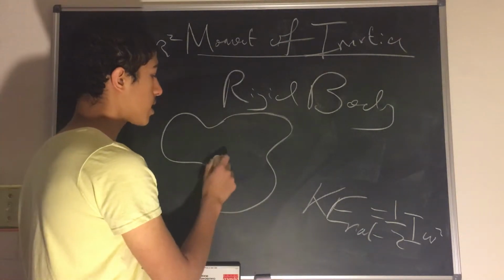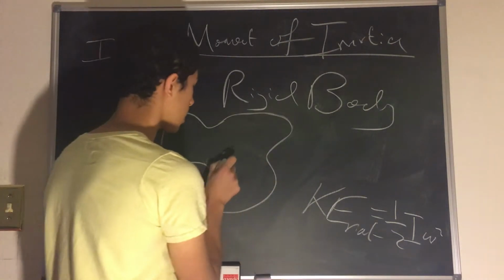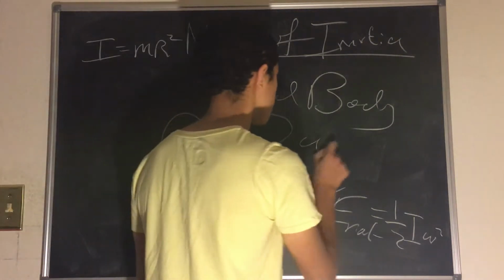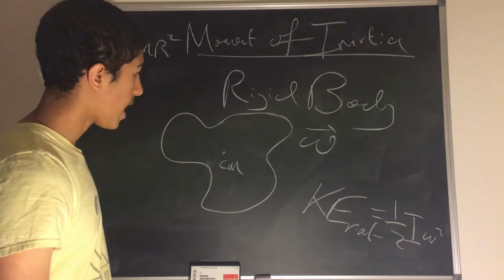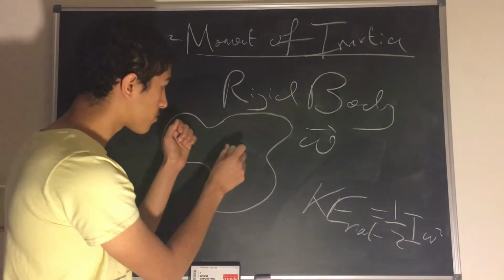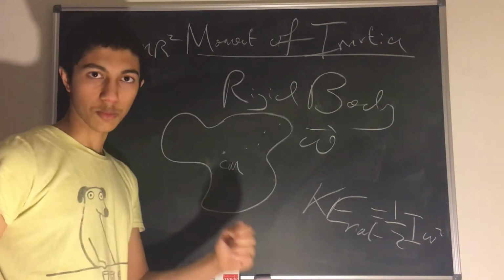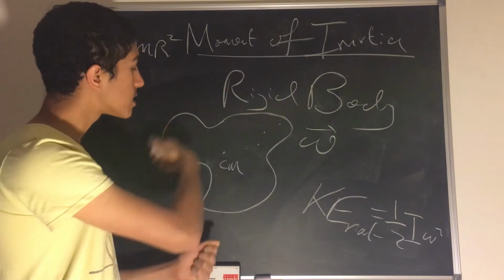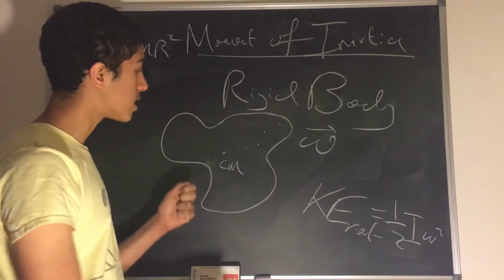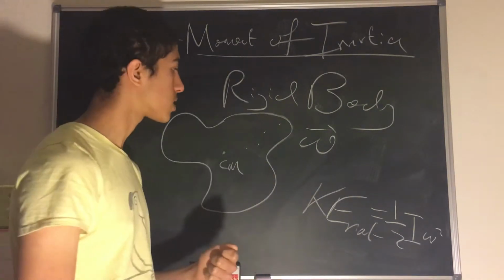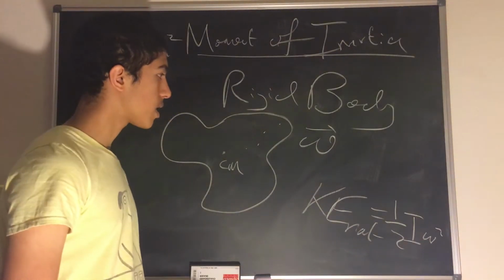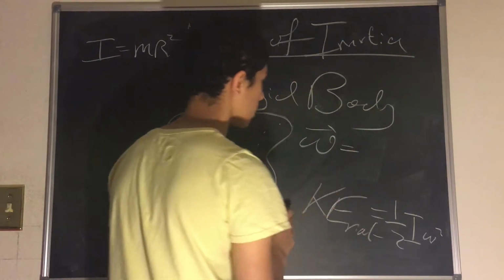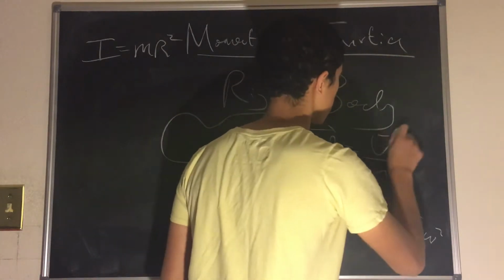When this entire thing is rotating about the center of mass with some angular velocity omega, every single tiny infinitesimal portion that constitutes this rigid body is moving with the same exact angular velocity omega. They will be moving with different linear velocities because omega is equal to v by r.